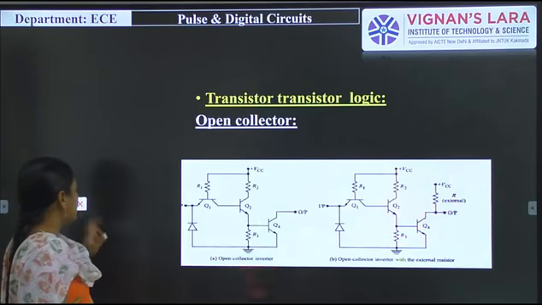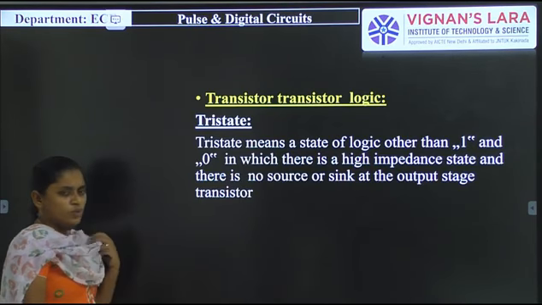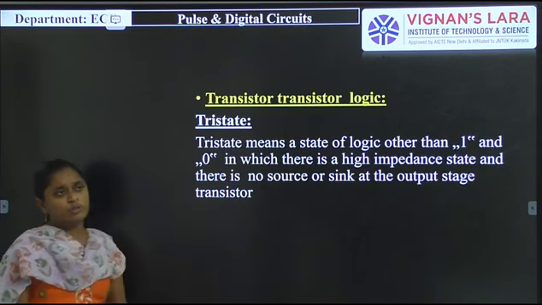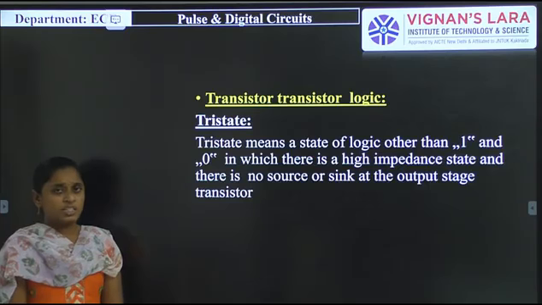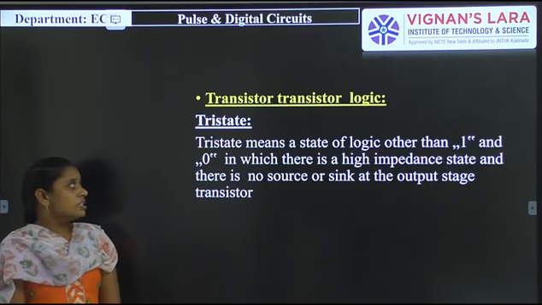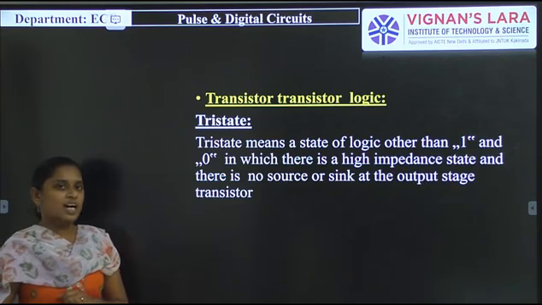And next, the final one is the transistor logic, that is tri-state. So what is meant by tri-state? We know about two states, that is either logic 0 or logic 1. But what is the third state? That third state is known as the high impedance state. So tri-state means a state of logic other than 1 or 0.